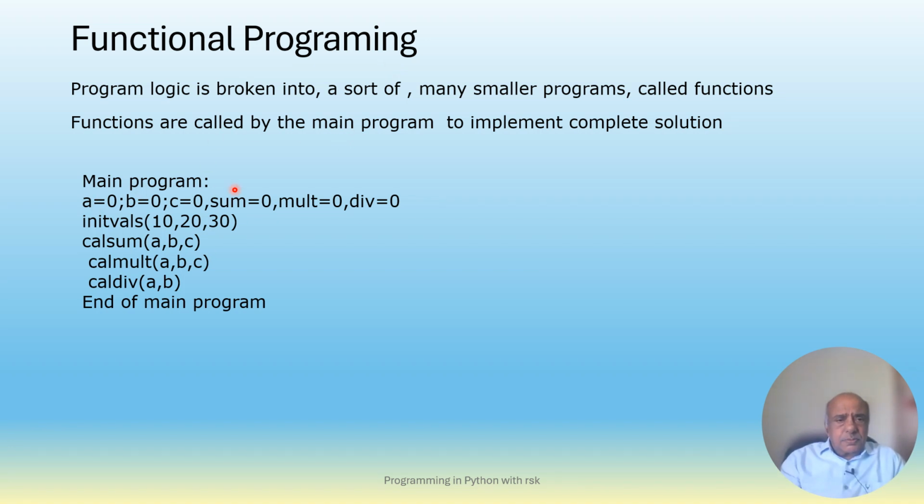How we make a functional program which gives us the same result. Now this is the main program. A is equal to 0, B is equal to 0, C, sum, and all these things. Then there is a function initVals with 10, 20, 30 in the brackets. Then another function calSum, a second function calMult. This calculates the sum, calMult will calculate the multiplication of these three values.